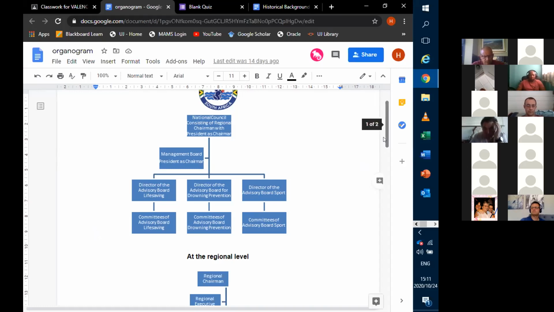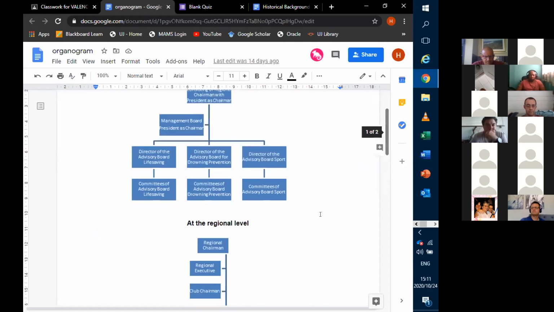Then we've got our different directors. We've got the director of the advisory board Lifesaving, director of advisory board drowning prevention, director of advisory board sport, and these have different committees under them, like the advisory board for Lifesaving, the advisory board for prevention and drowning, and the advisory board for sport.